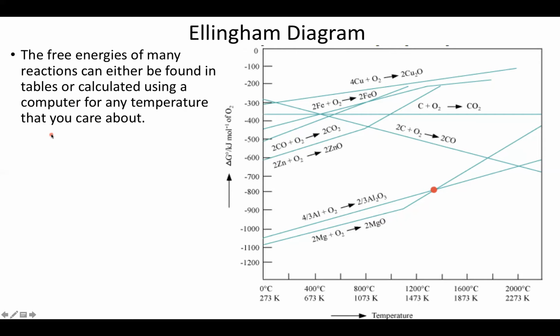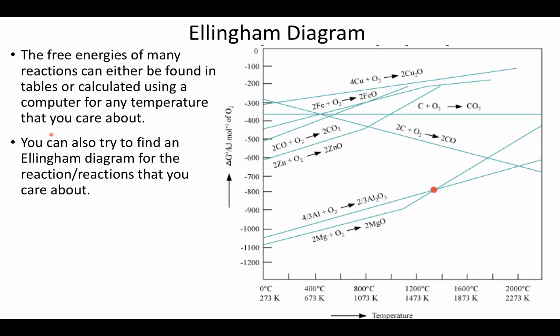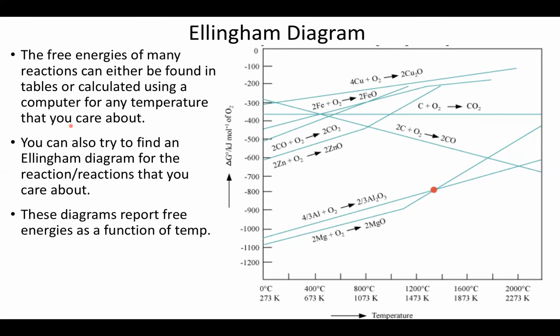However, there's also another old style approach which can be really useful when looking at specific types of chemical reactions, and that's essentially using an Ellingham diagram. So the idea of an Ellingham diagram is looking at how the free energies of reaction change as a function of temperature.